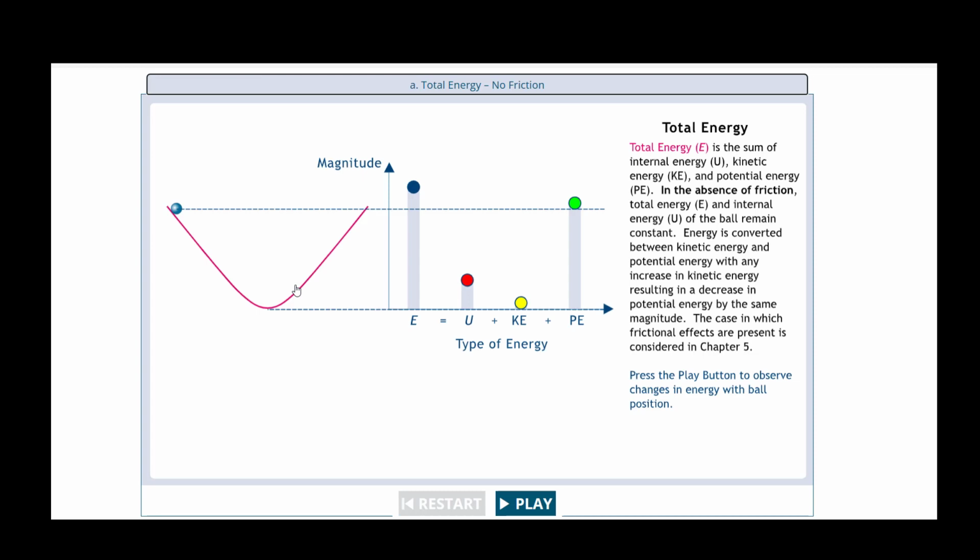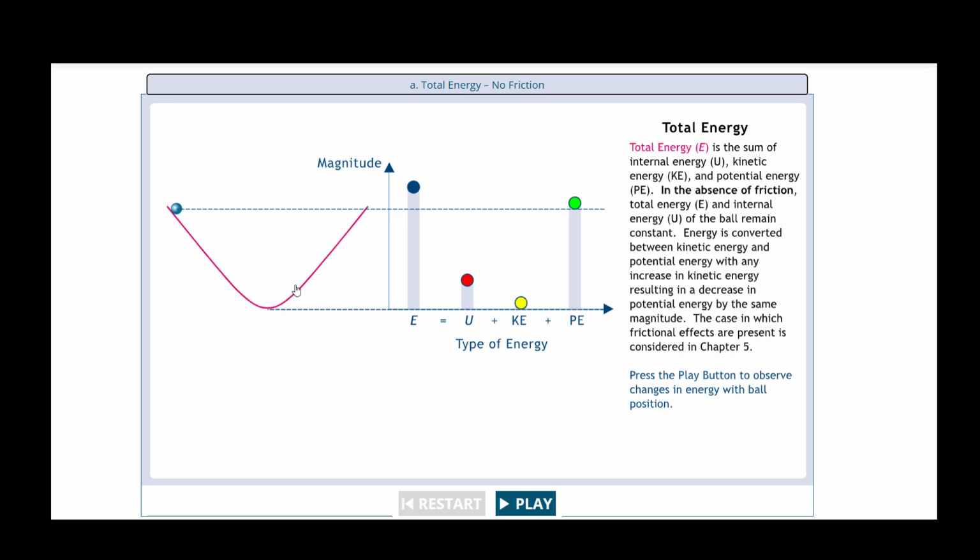Okay, so the total energy we talked about is the sum of the internal energy, kinetic energy, and potential energy: E equals U plus KE plus PE. In the absence of friction, of course, because we assume that it's frictionless, the total energy and internal energy of the ball remain constant, because that's our assumption.